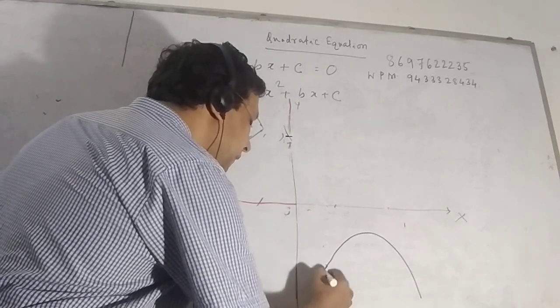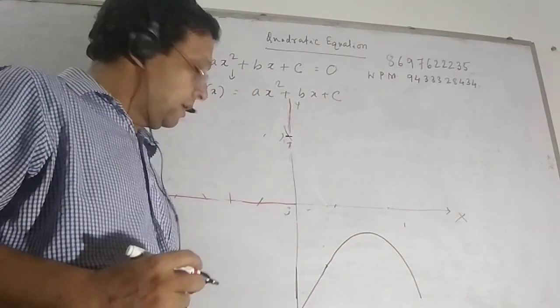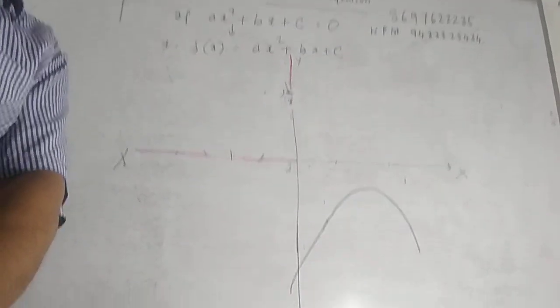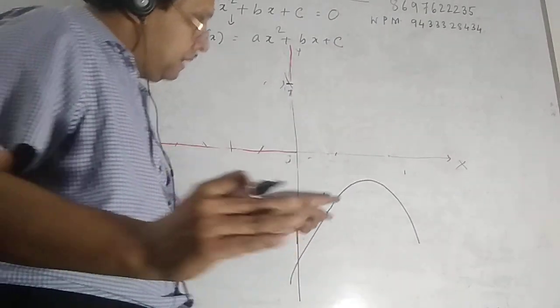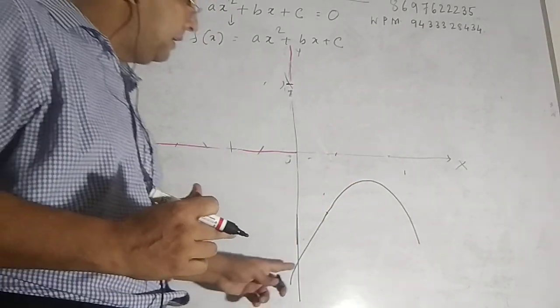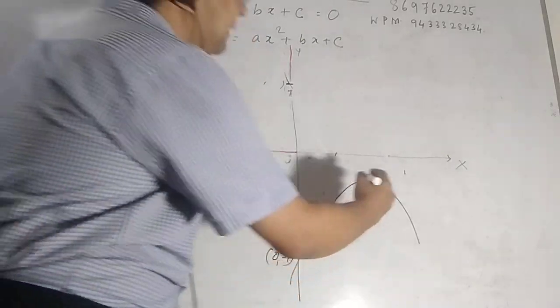You extend it, and suppose again it has an existing c. The c intercept is here, but here a is negative.